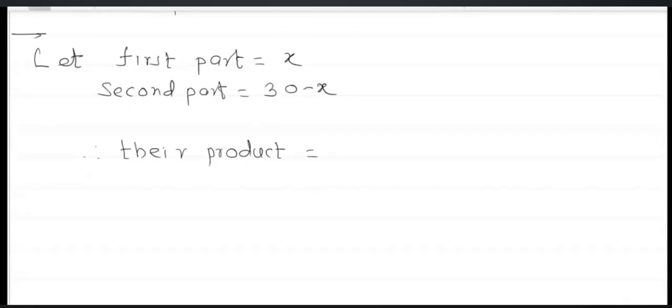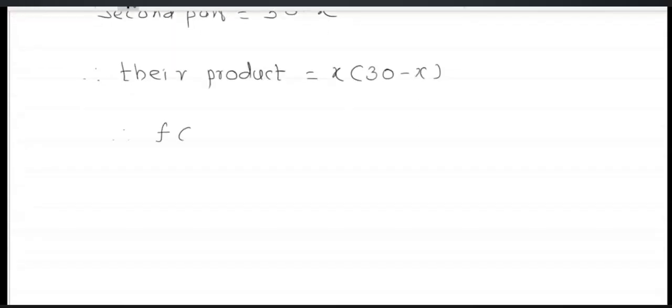Their product is x into 30 minus x, that is f of x is equal to 30x minus x square.